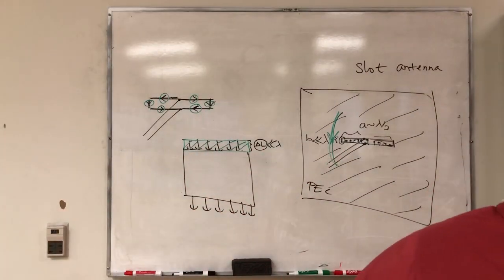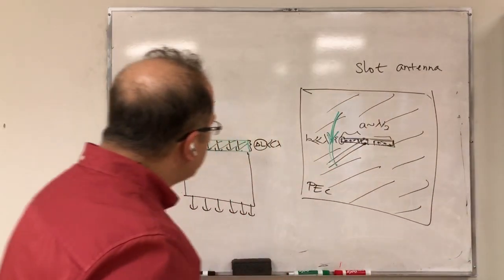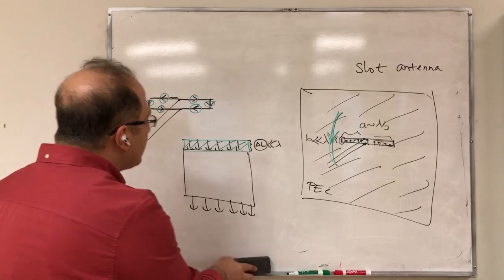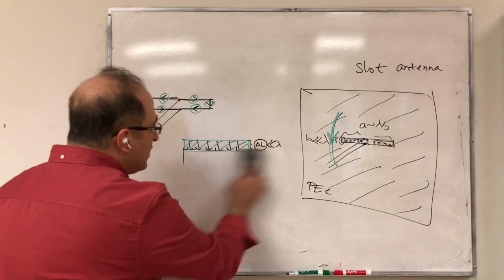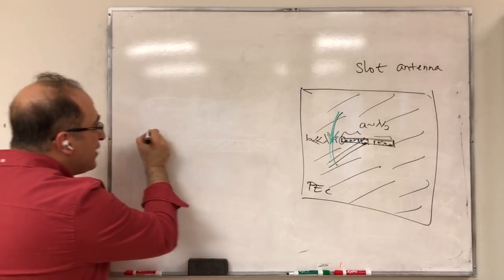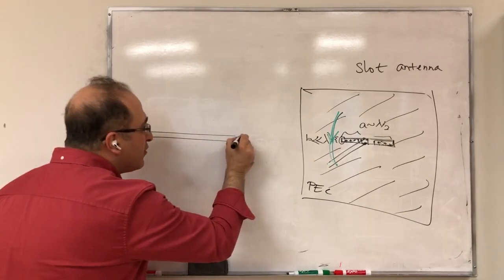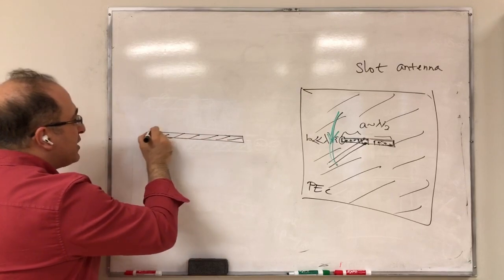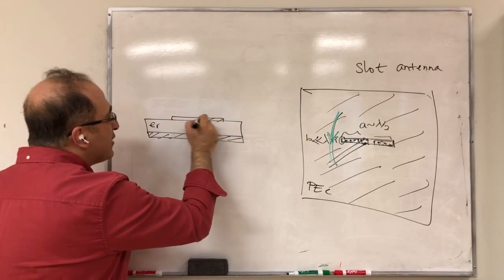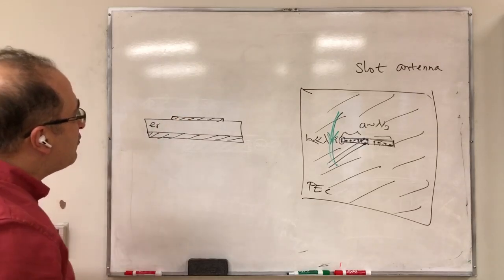Another thing that is good to mention here is the feeding of this. Something I want to remind you about was related to a patch antenna. You remember, if I show a patch antenna from the side, this was the metallic ground, this was my substrate, this was the patch, and we wanted to feed this.